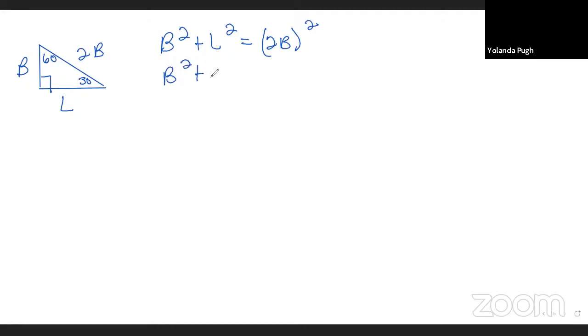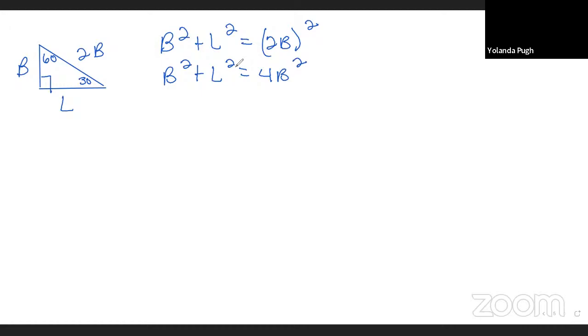In this example, we've got 60, 30, we're using B, 2B, and L. And that means that B squared plus L squared is equal to 2B squared. That means B squared plus L squared is equal to 4B squared.